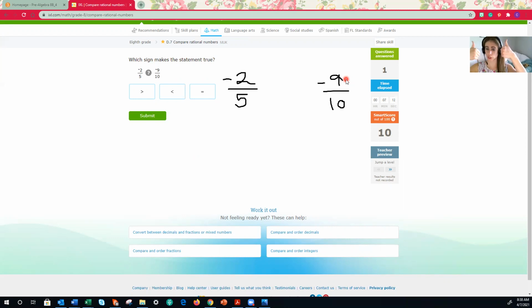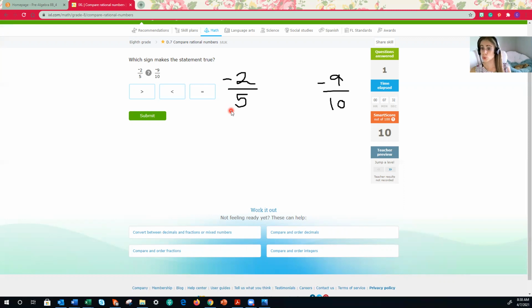I'm going to increase one of my fractions so that way they have the same denominator. All right, we have a 5 and a 10. Well, if I think about my multiples of 5: 5, 10, 15, 20. We got 10 in there. 10 is my least common denominator.